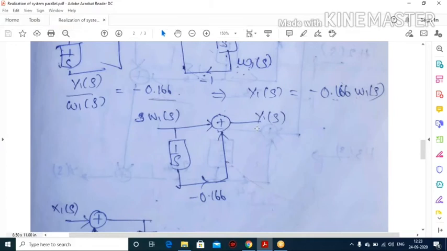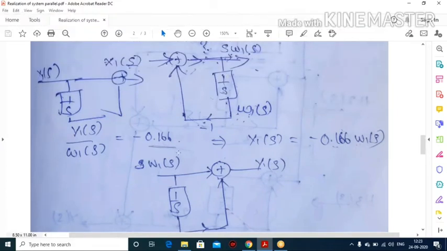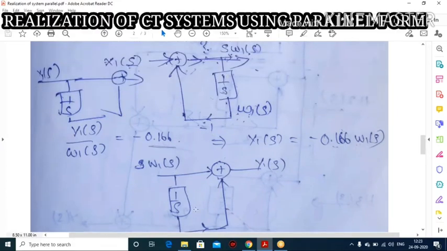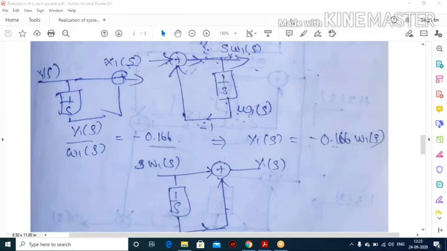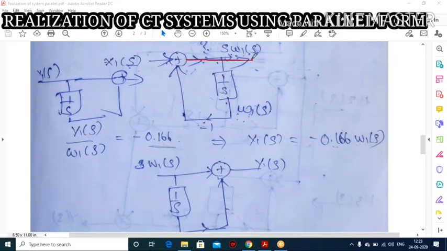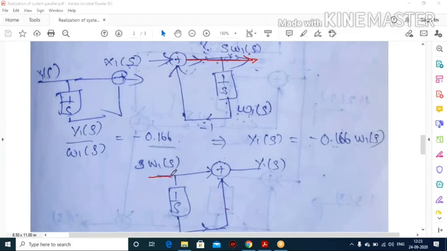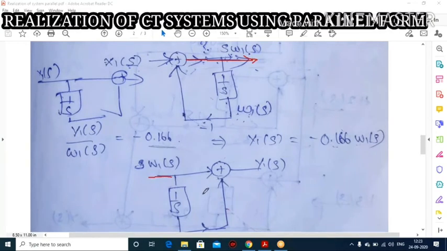Now joining these two functions, because direct form 2 means you combine these two blocks. How do we combine them? This line carries s into W1 of s, and this portion is also s into W1 of s. Both are the same, so I just drag and drop this portion here.